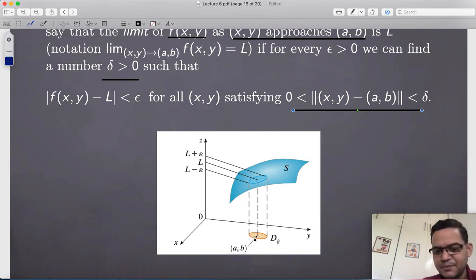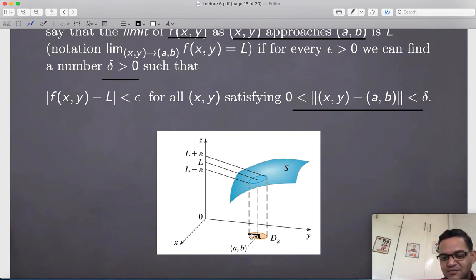I can approach along a line parallel to, let's say, the y-axis, starting here and going here. This is one approach, and I could have done it this way also. So there are infinitely many directions here, but we have to take them simultaneously.